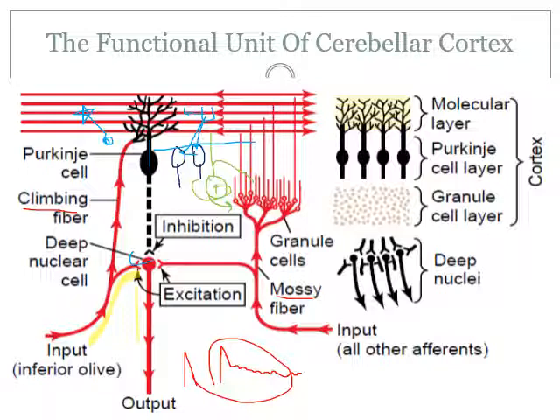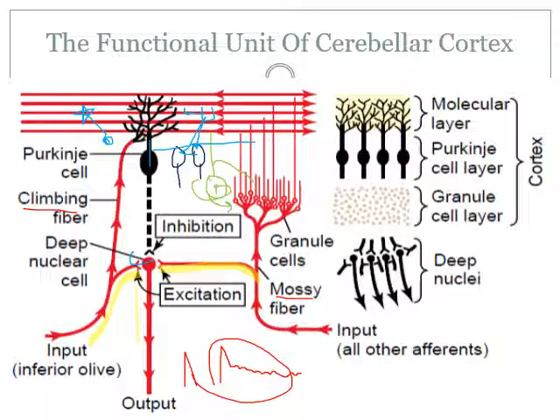Now, coming to the mossy fibers, I told you that mossy fibers usually end up in the granular cell layer. On the granule cells, the granule cells further ascend their dendrites and they form these parallel fibers. And in the granule cells, you have the Golgi cells, which inhibit the granule cells. And you can see the mossy fibers are also activating the deep nuclear cell.